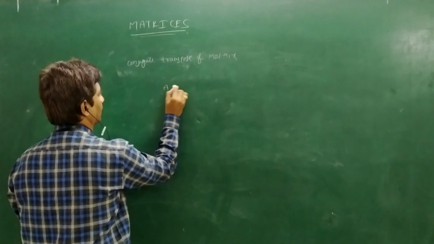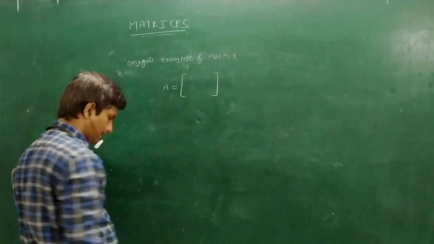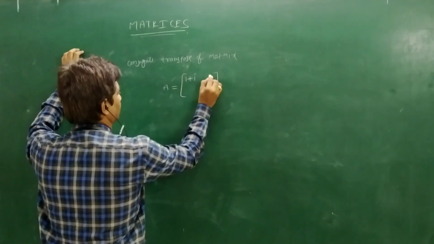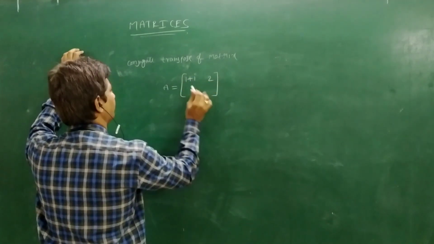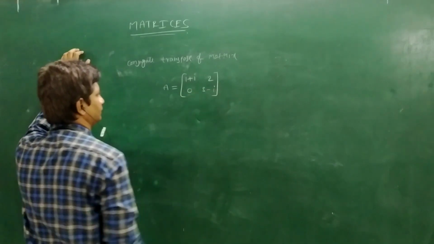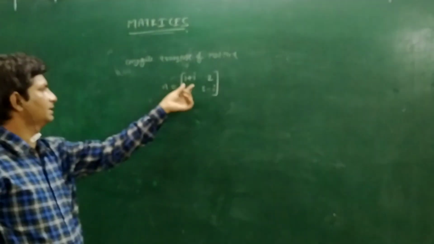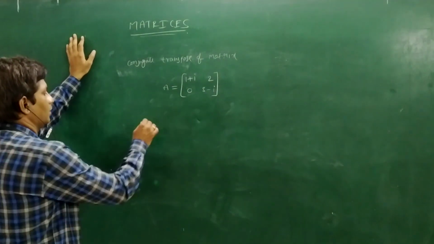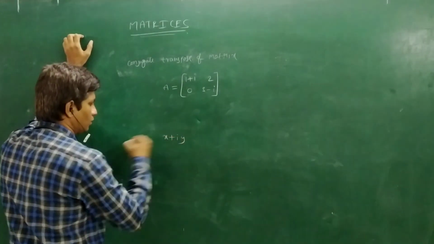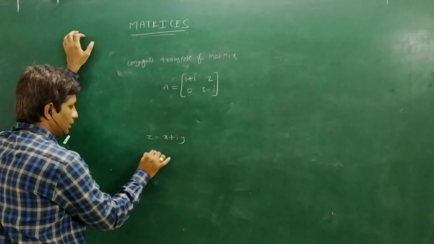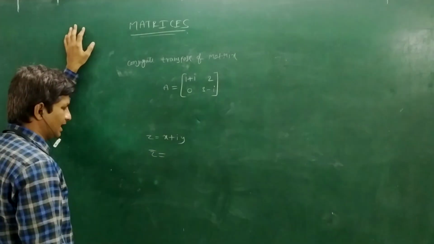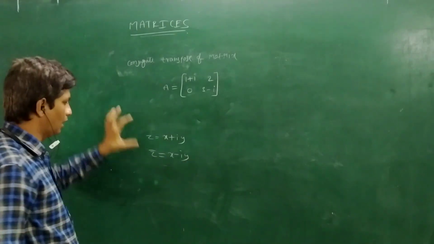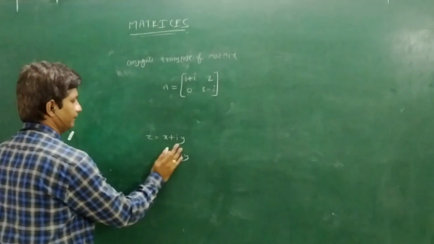For example, I am taking some complex numbers inside the matrix: 1 plus i, 2, 2, 0, and 3 minus i. Here 1 plus i and 3 minus i are complex numbers. Already we know conjugate. If you take a complex number x plus iy, the conjugate of the complex number is z bar, which is x minus iy. This is the way to find the conjugate of a complex number.